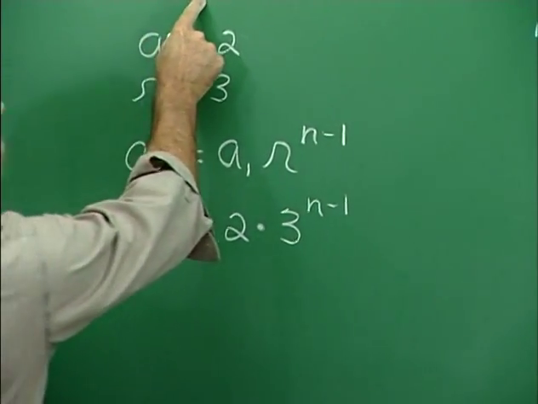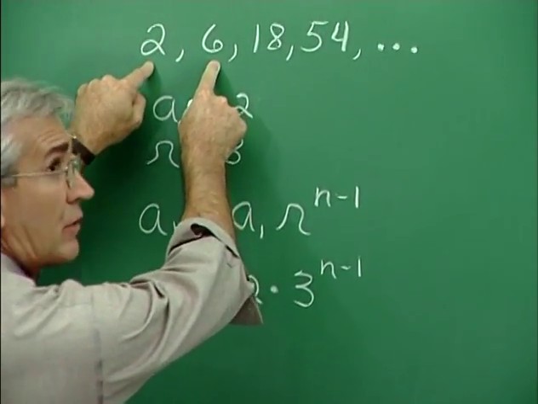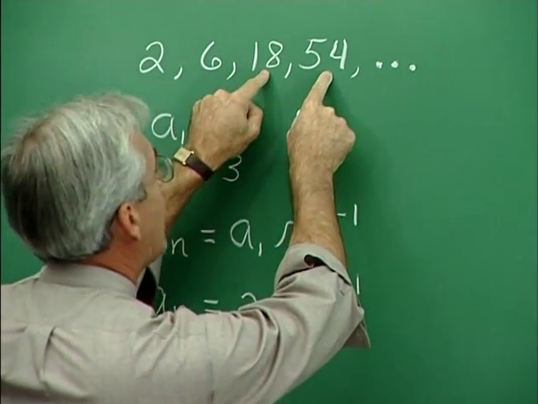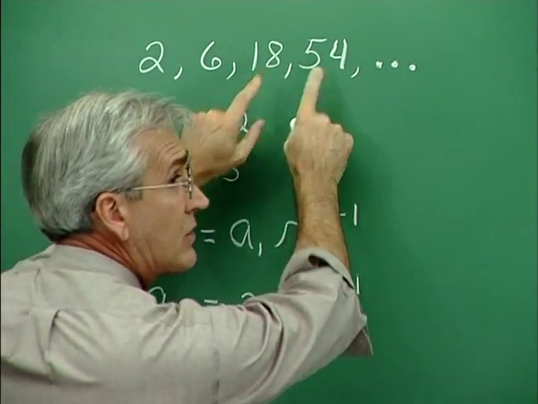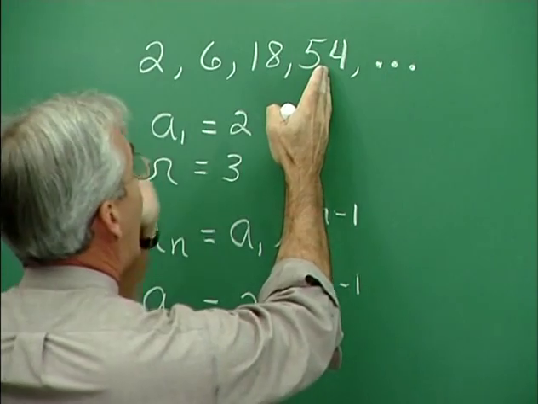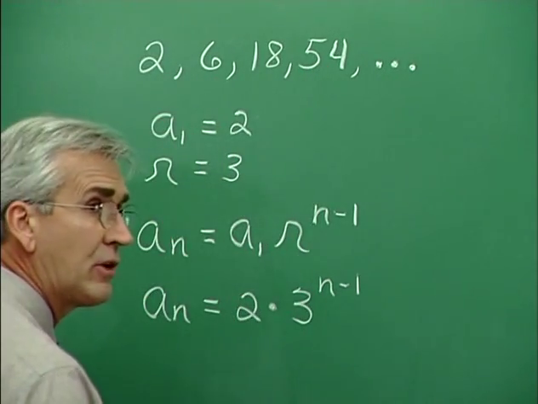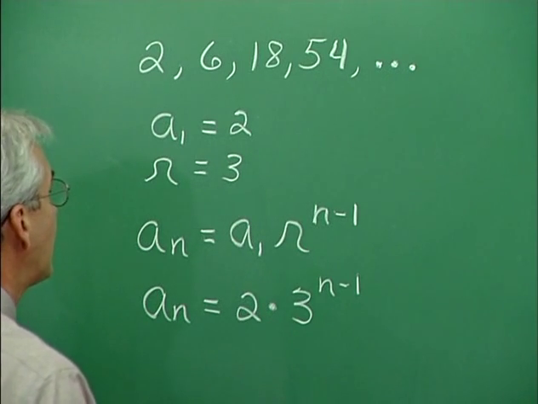We could take 6 divided by 2 is 3. 18 divided by 6. 54 divided by 18. You see, it is a particular term divided by the one that precedes it that gives us this common ratio if we're ever confused about that.